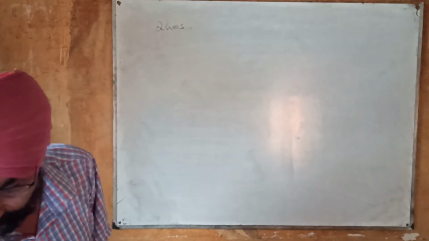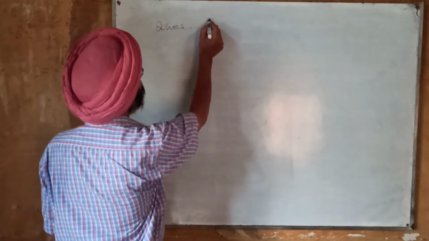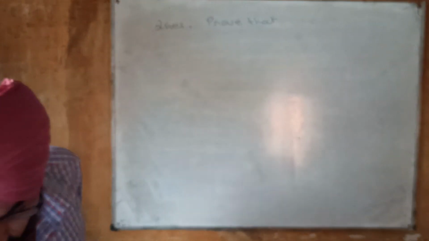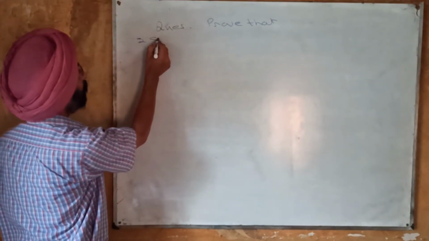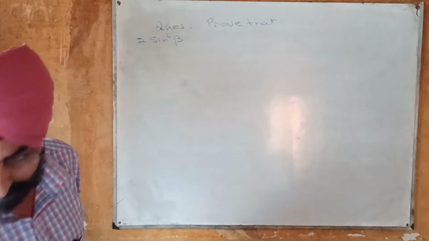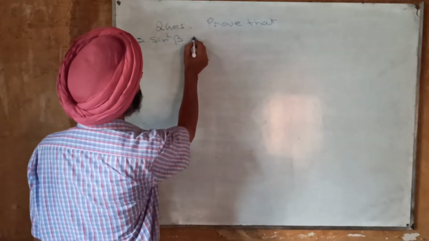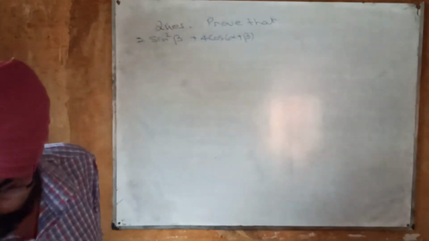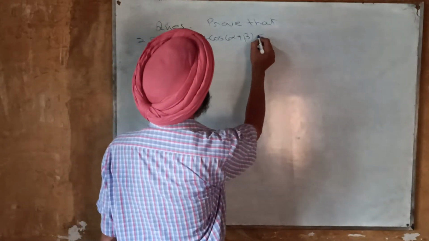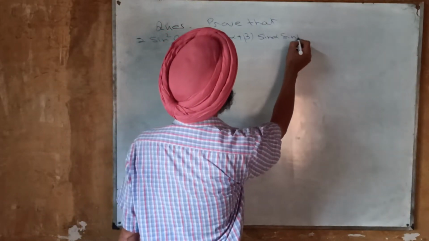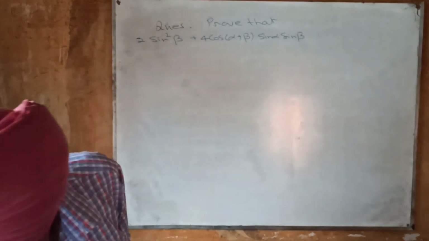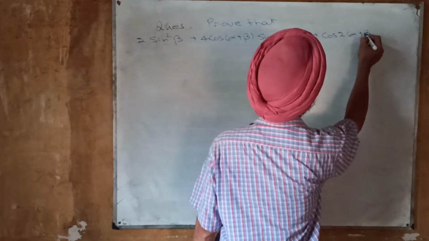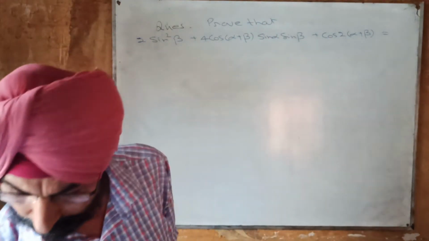So the next question is, prove that 2 sine square beta plus 4 cos alpha plus beta into sin alpha sin beta plus cos 2 alpha plus beta is equal to cos 2 alpha.